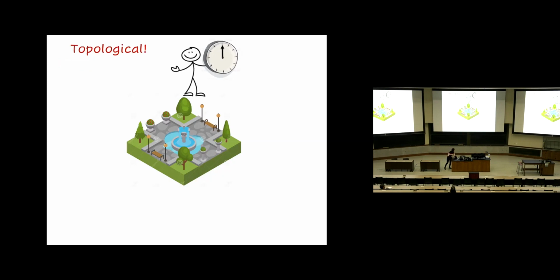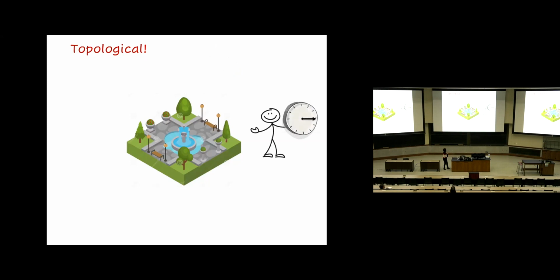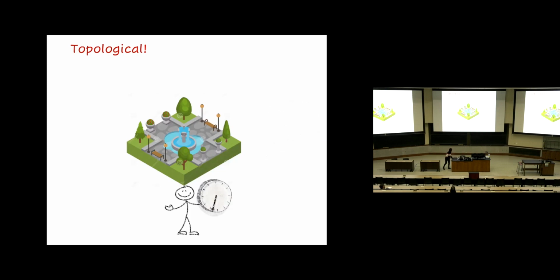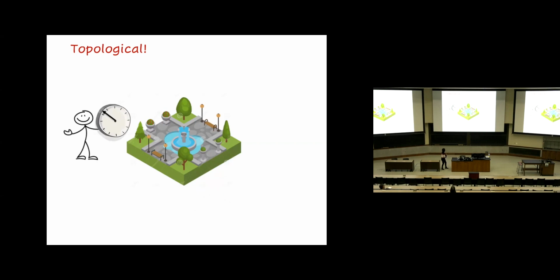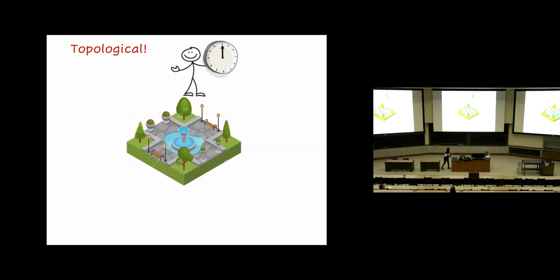Now, let me show you a situation where it is topological. Now the same person is carrying a clock. Now he walks from here to here. You see that the hand rotates from the North Pole to here, pointing to the right. And the person keeps walking. Now it rotates another 90 degrees, and then to the 10 o'clock direction, and then back.